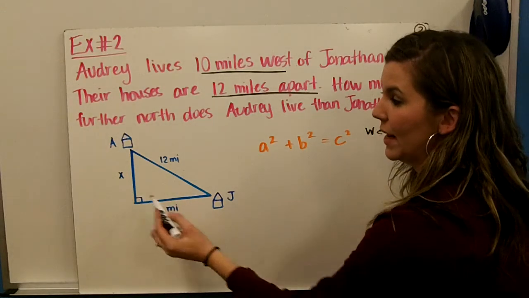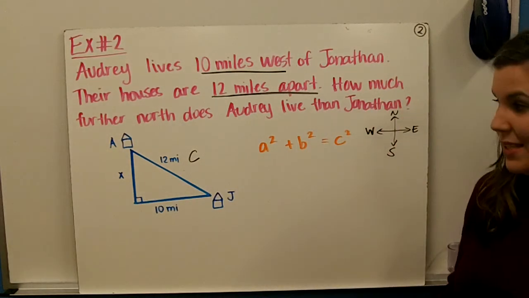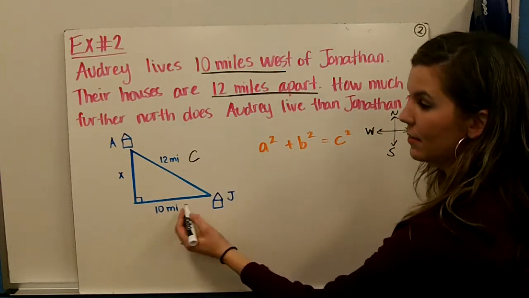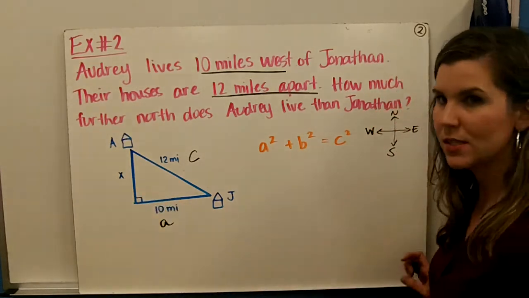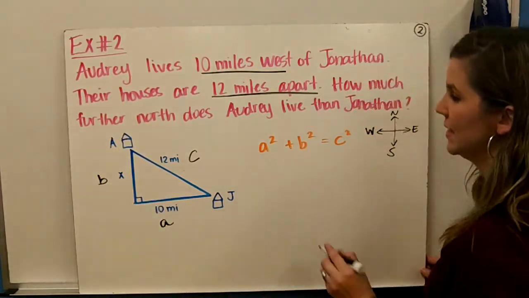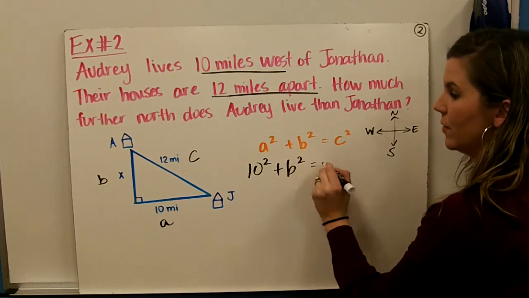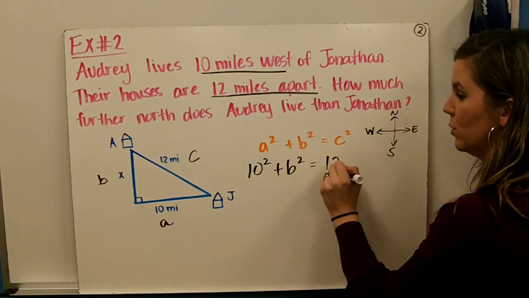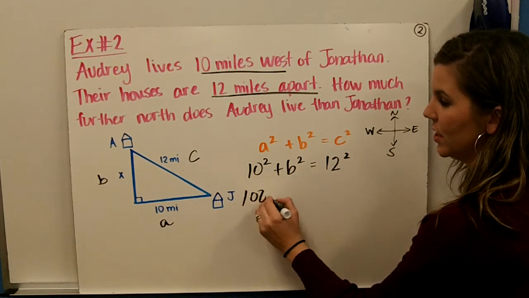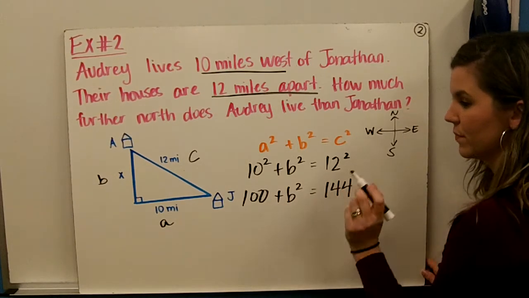Now, here's our right angle, and this side is opposite, so the 12 must be C. This side we can call A or B, doesn't matter. And X is like our B. That's our missing side. So 10 squared plus B squared, or X, either way, is equal to 12 squared. 10 squared is 100, plus B squared equals 144.